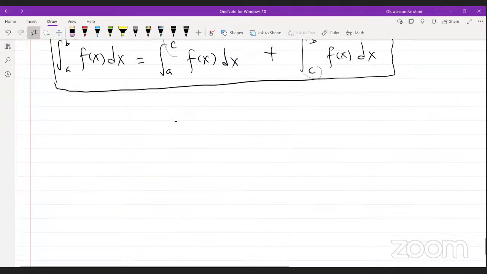Okay. Now let's do examples. In this example, suppose I have this integral.